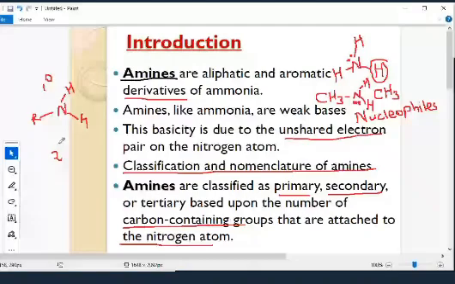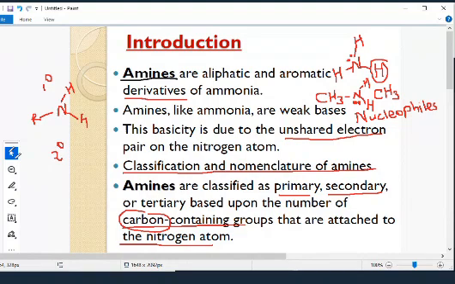Now for the second degree, it means the number of carbon containing groups is 2. So we have the nitrogen, then 2 of the hydrogens are substituted with an alkyl group, like that. In such a circumstance, we say this particular amine is 2 degree.